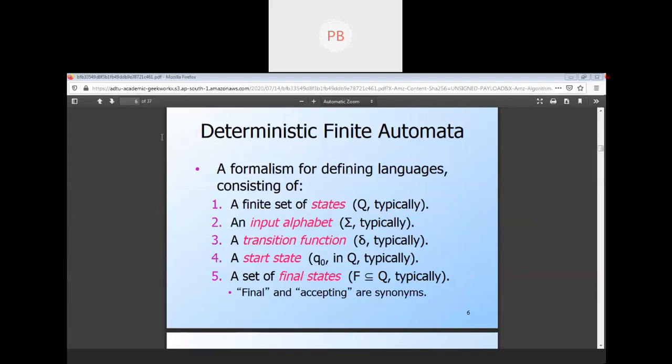Who is going to answer? Write the power set of the given set A.